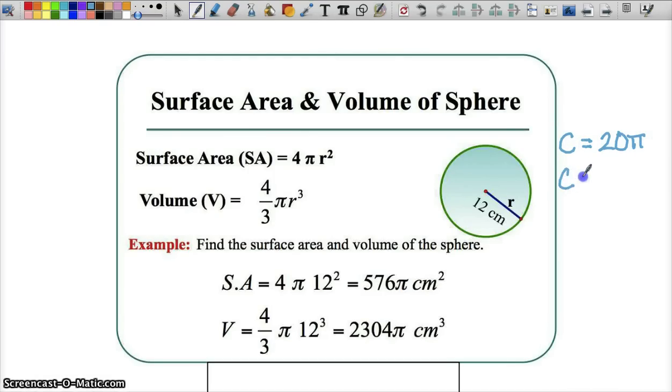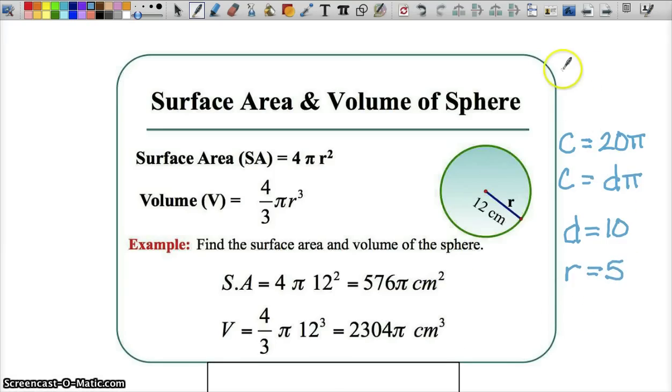Well, what is their circumference really? It's the diameter times pi, which would mean that the diameter is 10, which would make the radius 5. And then you can plug it into your information. So be careful with that kind of stuff.